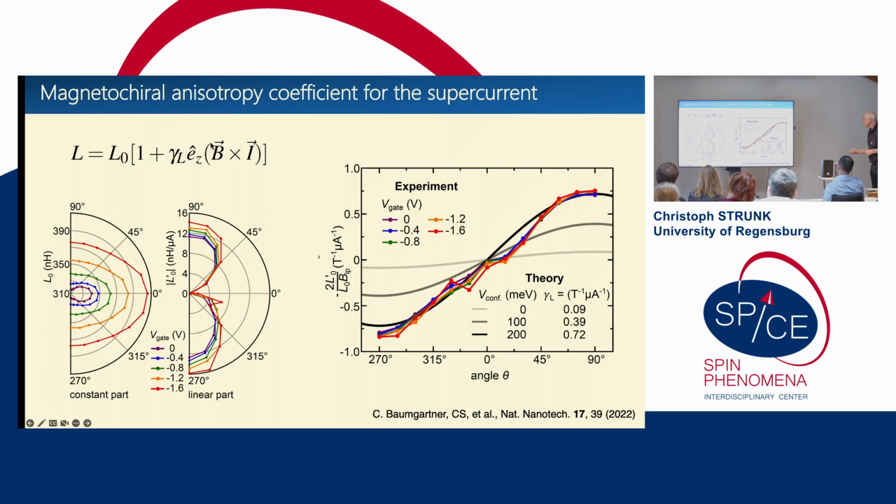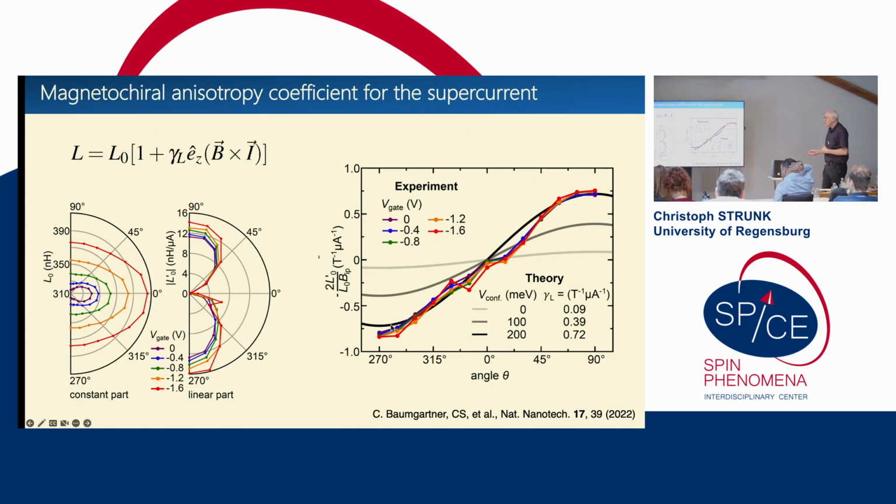The solid lines are produced by our theory colleagues with one free parameter, the electron density, which is not known very well underneath the aluminum, because it depends on charge transfer effects and all these kinds of things.